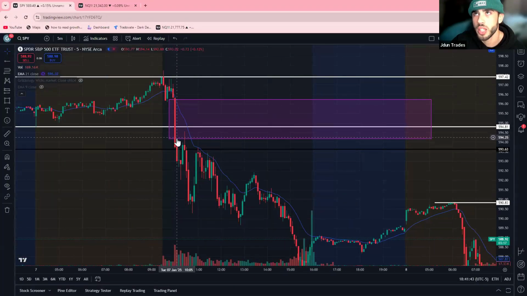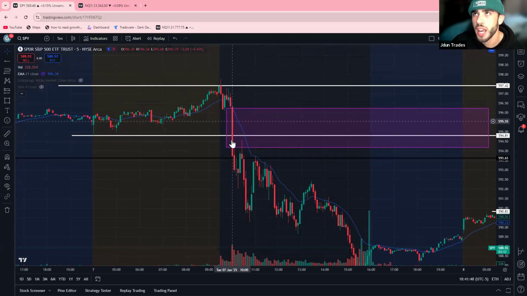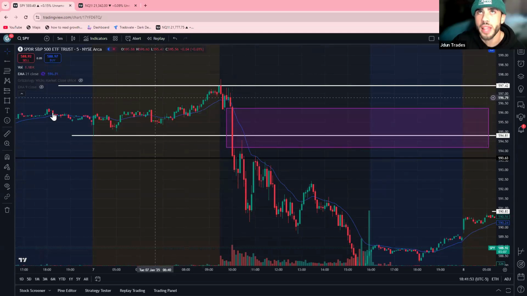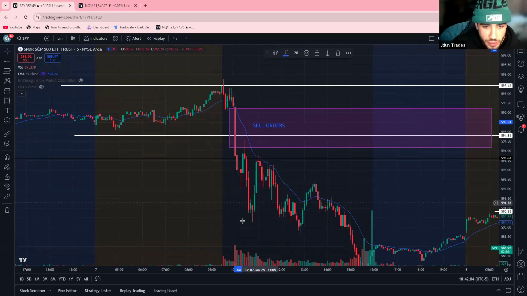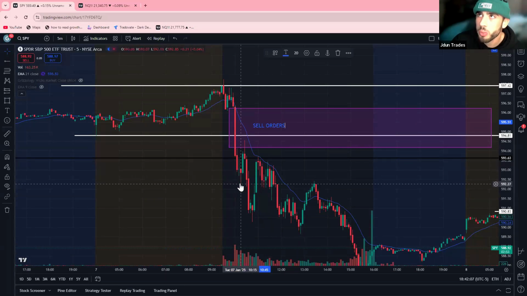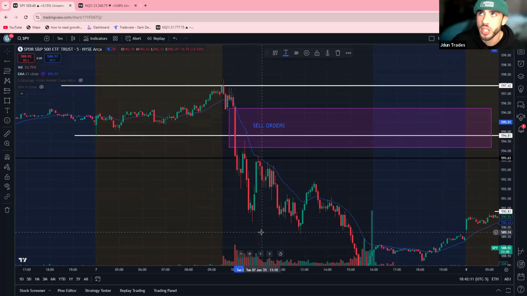When you see a neighboring wick here and a neighboring wick here, you can only assume within this candle, since there were no previous candle wicks into this zone, that there would be potential sell orders yet to be filled, right? So we can assume once price retraces back, those orders will get filled and continue price to the downside. Now, like I said before, this is not going to happen every time. No strategy is bulletproof. If you get good risk to reward and keep doing the right things, you will make money.